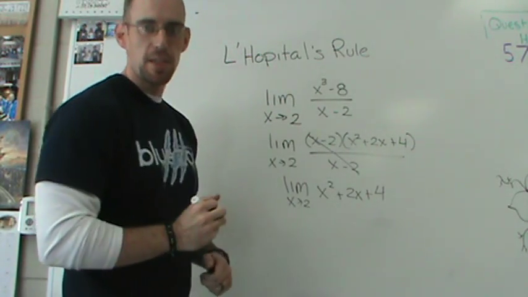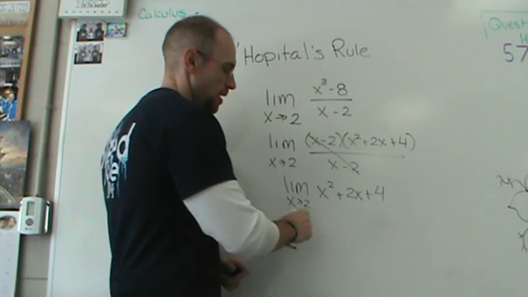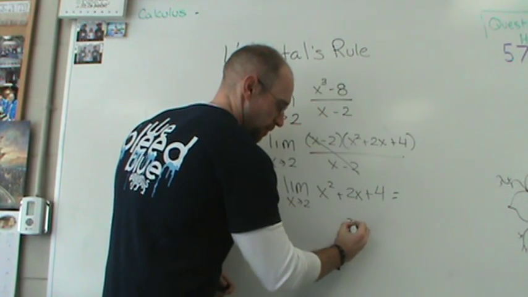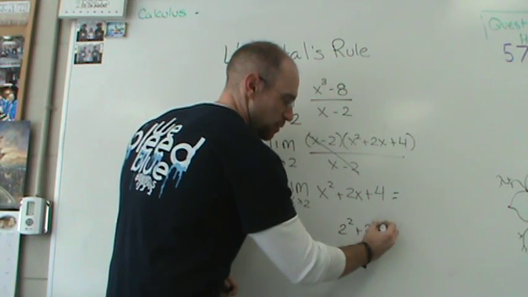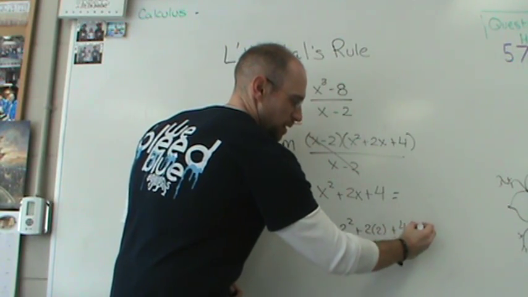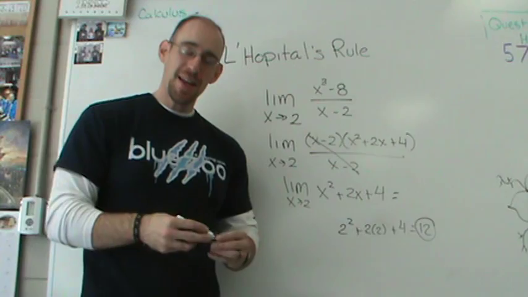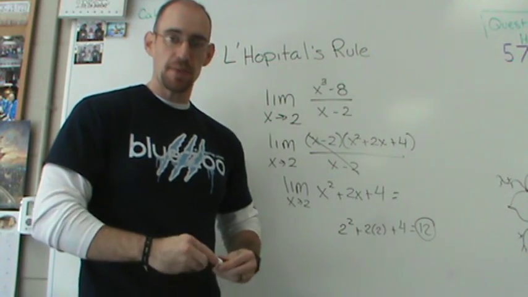Now we can use direct substitution. So let's plug it in. 2 squared plus 2 times 2 plus 4 gives us 12. Same answer that we got with L'Hopital's rule. Much easier, much quicker. Okay?